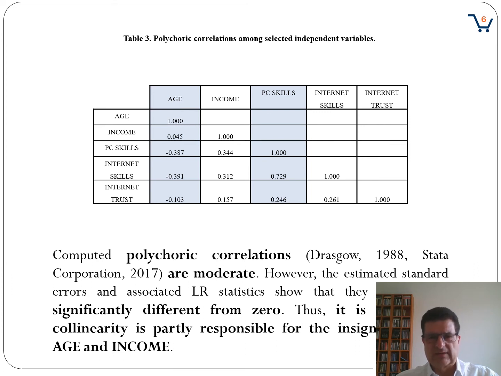So we know that 5 is after 4, but we don't know how much is the difference between 4 and 5. So that's why we use a version of the correlation, which is called polychoric correlations, and those are telling us that we have moderate correlation between the different explanatory variables.